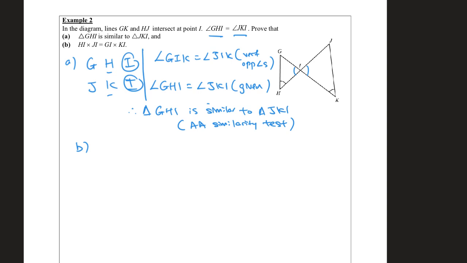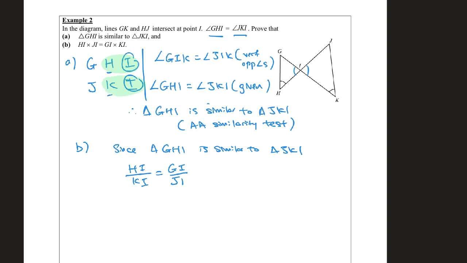Next, we move on to part B. We have proven that triangle GHI is similar to triangle JKI. And so, we know that HI over KI has to be equal to GI over JI. How do we do it? We take HI, we find a partner.